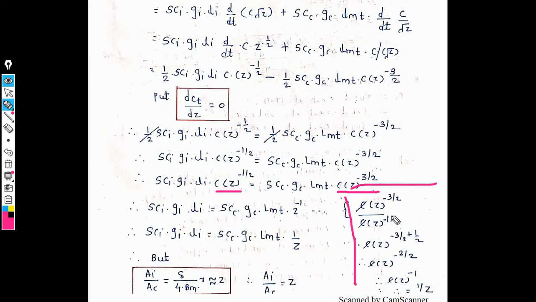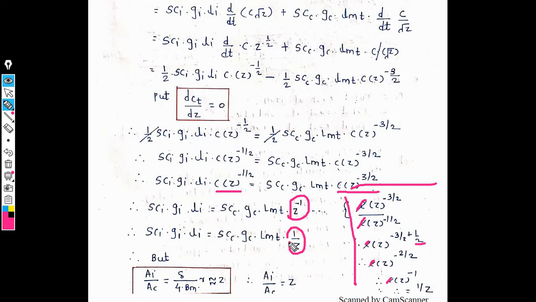So then this term with the negative power goes to the upper side and becomes positive, it is minus 2 by 2. Then C into Z raised to minus 1, that is C is equal to 1 by Z. That means Z inverse is 1 upon Z, and CC gets cancelled. This is not taken here. This Z is equal to 1 by Z. Z inverse is converted into 1 by Z.